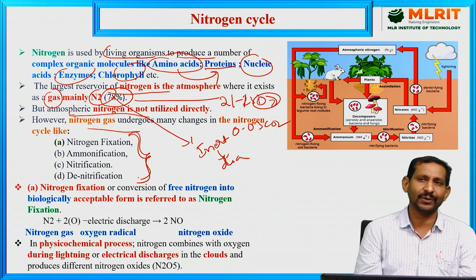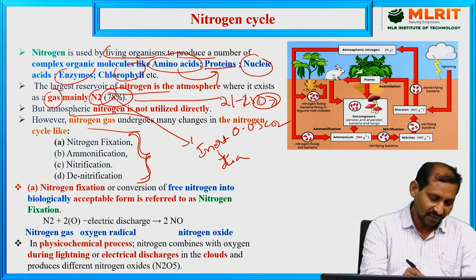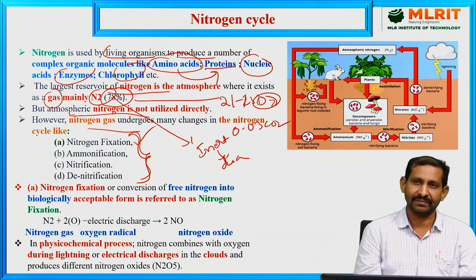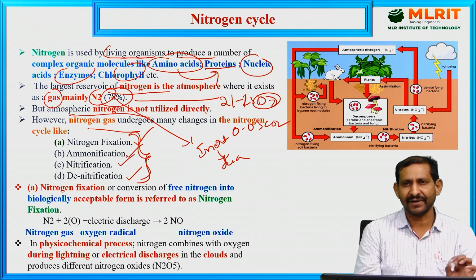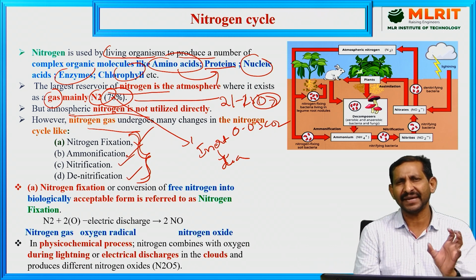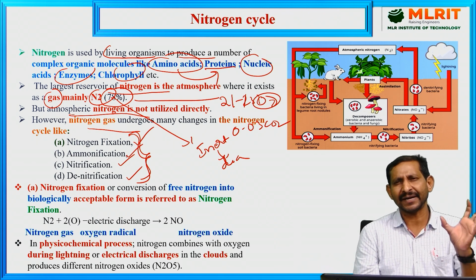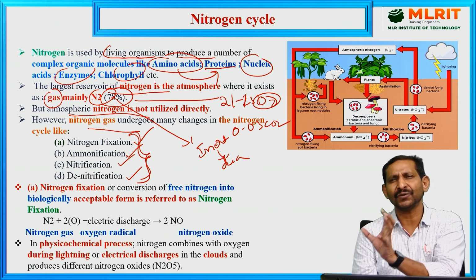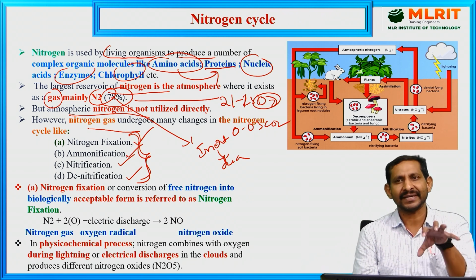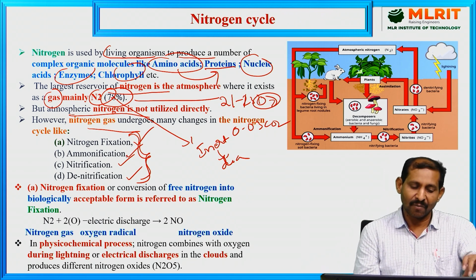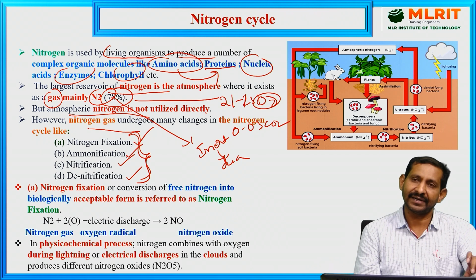First is nitrogen fixation. Second is ammonification. Third is nitrification. Fourth is denitrification. These 4 steps are involved in converting atmospheric nitrogen gas into the useful forms, different nitrogen compounds, during the nitrogen cycle.